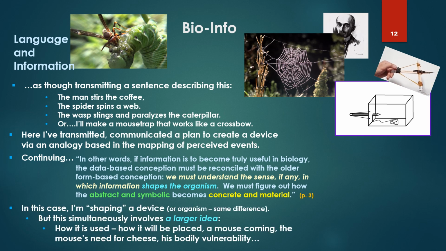So in this case, I'm shaping a device, that is my mousetrap, or an organism, same difference. But this simultaneously involves a larger idea, how it is used, how it will be placed. A mouse coming, the mouse's need for cheese, his body vulnerability.